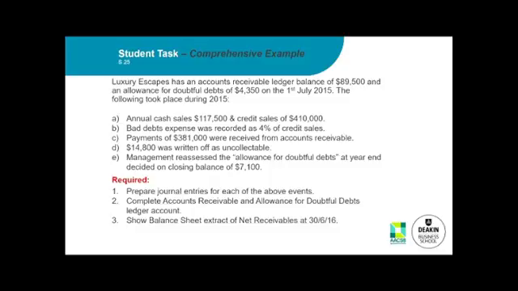They had an amount written off as uncollectible, and they also had an allowance for doubtful debts at year end of 7,100. So they ask us to do the journal entries and also complete the accounts receivable and allowance ledgers, and finally do a balance sheet extract. All right, so that should take you at least 10 minutes, I would think. So we'll allow 10 minutes, so it's about 7:05. So about 7:15, we'll go through it.